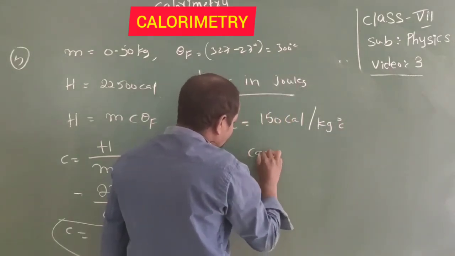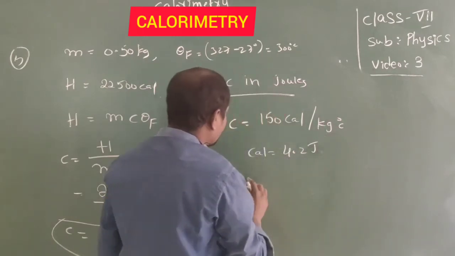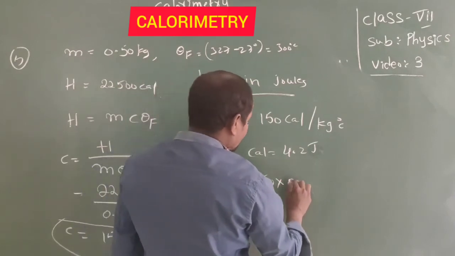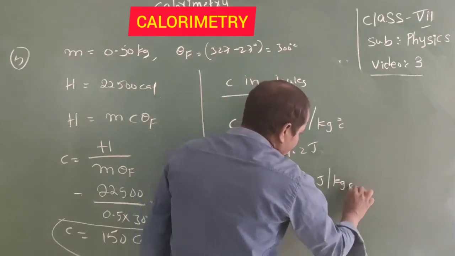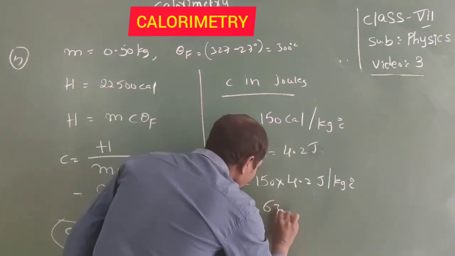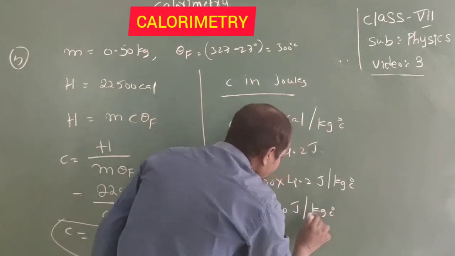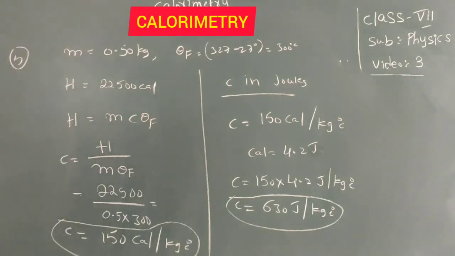We know that 1 calorie equals 4.2 joules, so C equals 150 into 4.2 joules per kg degree Celsius, that equals 630 joules per kg degree Celsius. It is the C value.